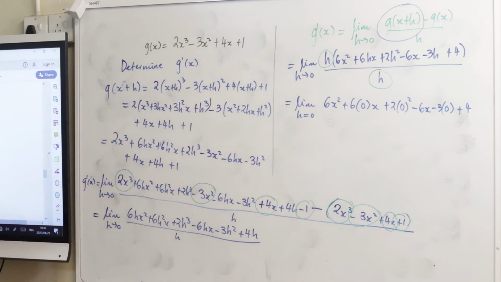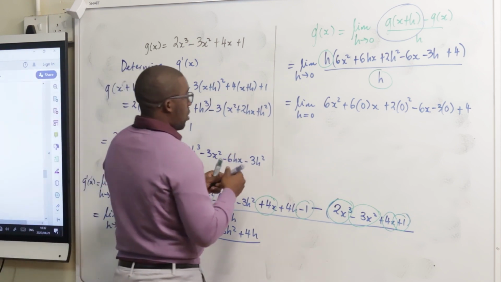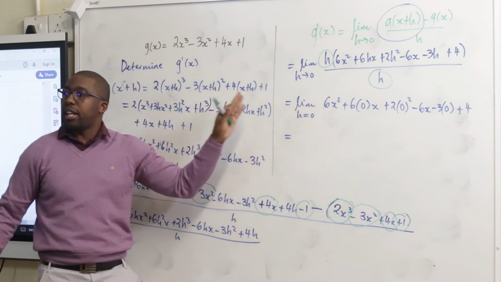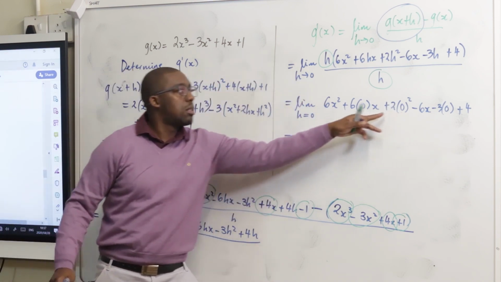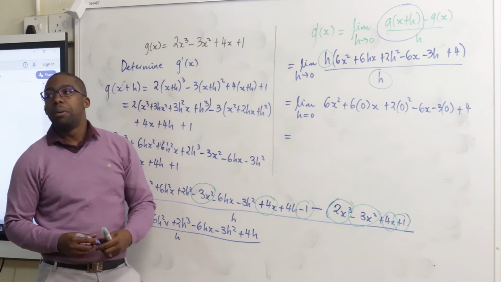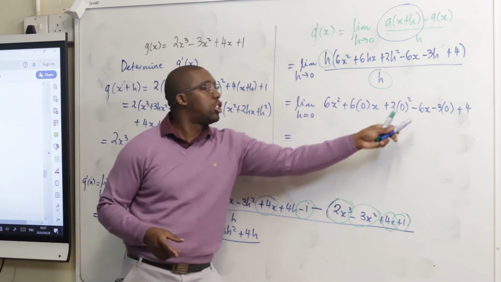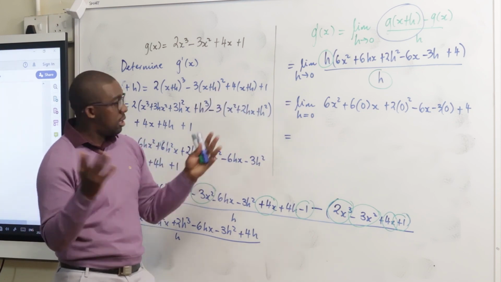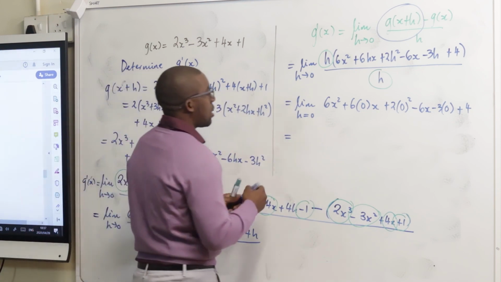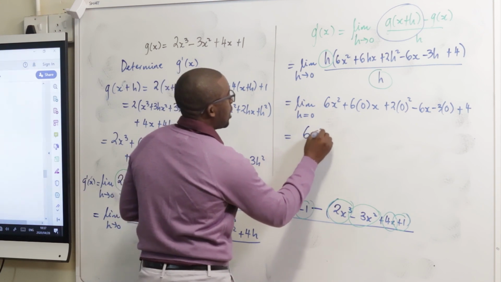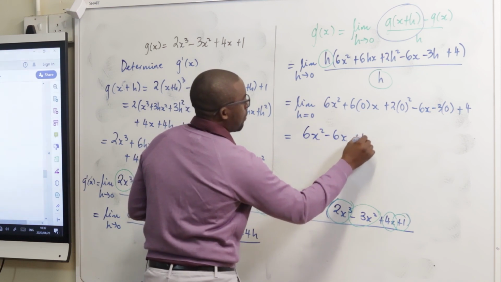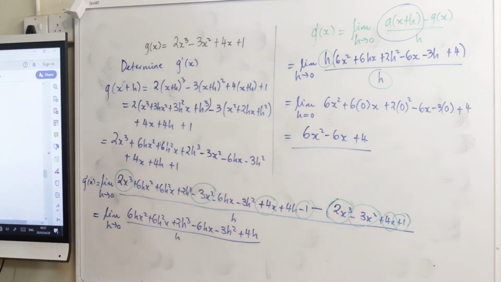No denominator because we cancelled it out. Next, there's no longer any limit. The purpose of carrying the limit down with you is because there will be an h that remains. There's no longer any h. So the limit goes hand in hand with h. The minute h disappears, the limit also disappears. So, final answer, 6x squared minus 6x plus 4. That is the final answer.